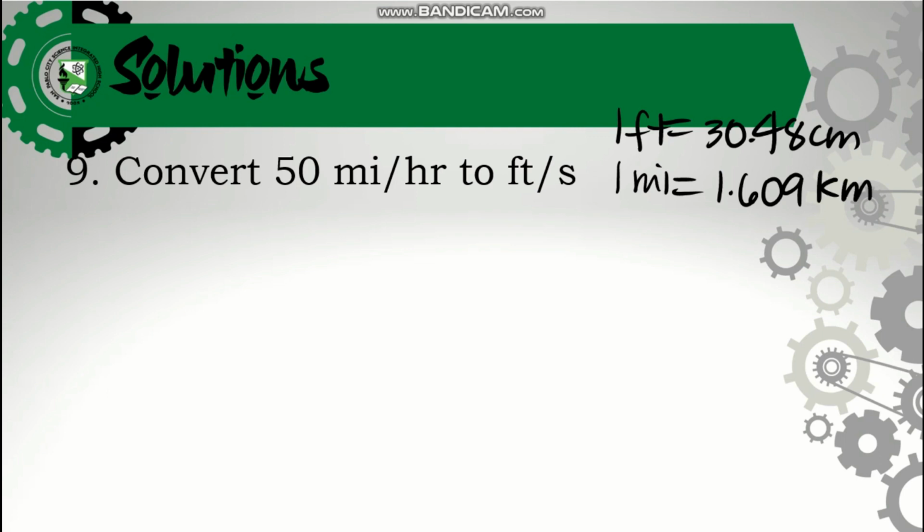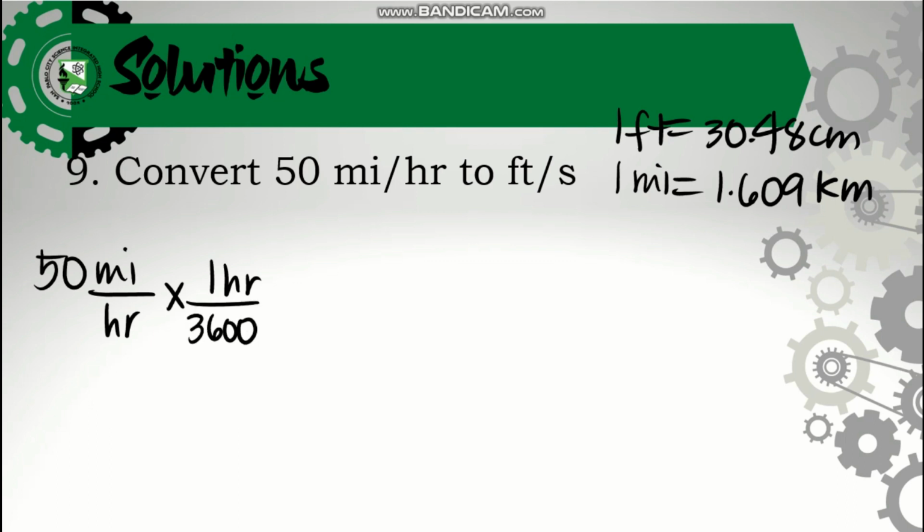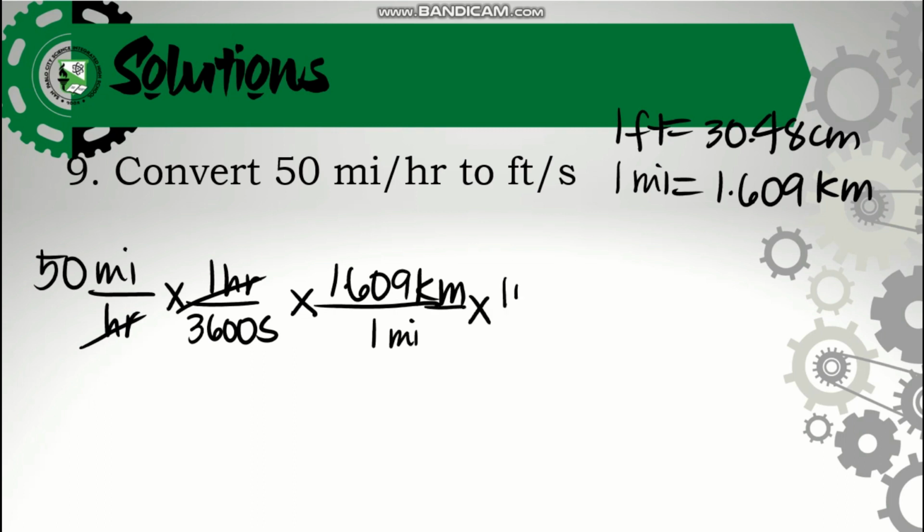So let's write first the given, which is 50 miles per hour multiplied by 1 hour over 3600 seconds to cancel out the hour, and then we need to convert the miles into kilometer by putting the conversion factor, which is 1.609 kilometer over 1 mile. And then for that, we can cancel out the miles. And it's easy for you to convert kilometer into centimeter.